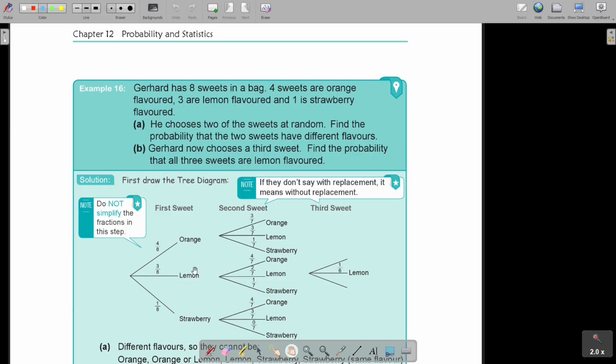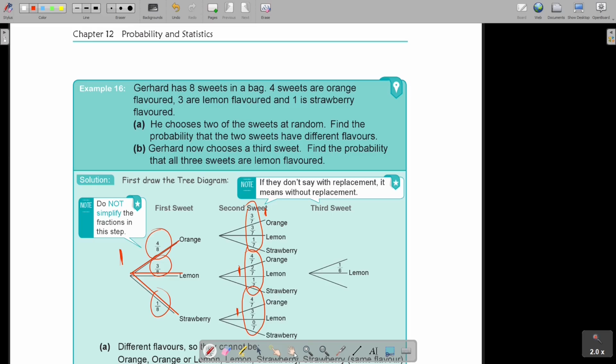Why I'm showing you this is to show you, and this is very important, that if you add these fractions, you must always get 1, because that's the certainty. If you add those 3, you get 1, because that's going to help you.